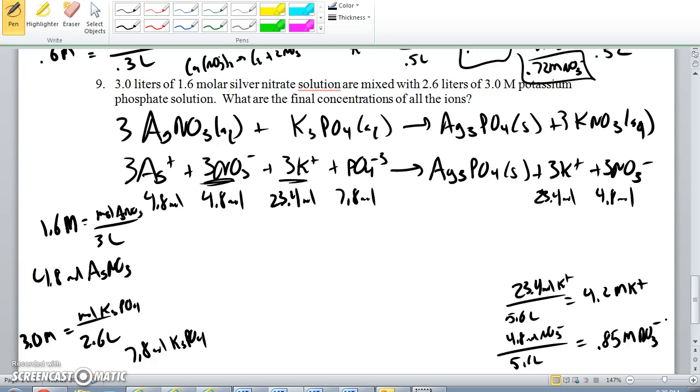Now we know we have to look at the silver and the phosphate. Well, I'm going to look at silver. Silver is 4.8 moles. I know that I need 3 silver for every 1 phosphate. So 3 moles of silver for every mole of phosphate gives me 1.6 moles of phosphate.